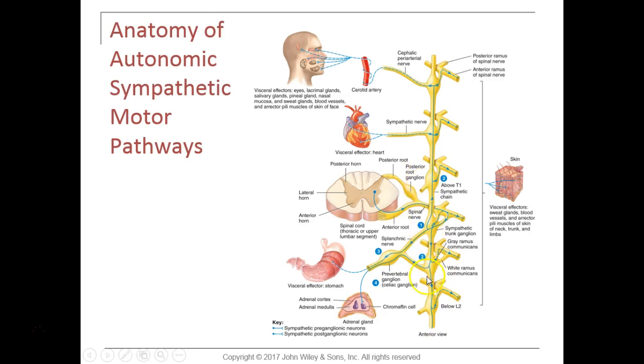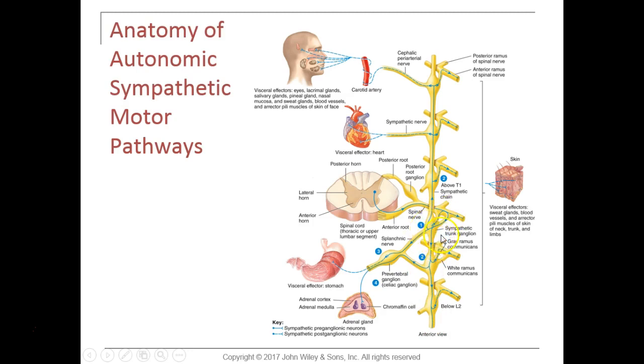In that way, we can have a broader postganglionic neuron output, motor output, to multiple effectors around the body at the same time, which brings about the sympathetic reflex, as we call the fight or flight response. So the second option for that preganglionic neuron is it can go up or down the sympathetic chain ganglion and synapse with a postganglionic neuron at a different level than where it entered the chain ganglion.